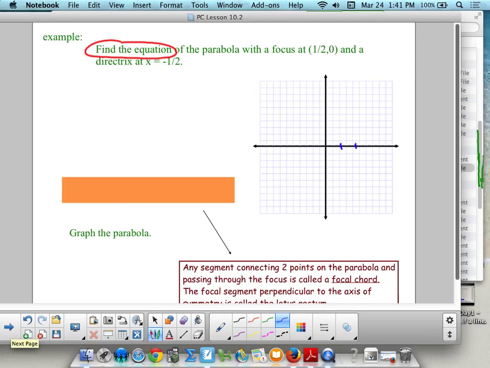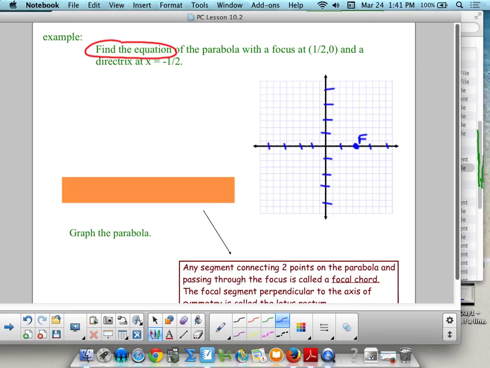I did this. Every box stands for 1/4 unit. So when you see a box, think 1/4. So where would a focus of 1/2 comma 0 be? 2 to the right. Yep, you're right, Corey. And that would be here. There's F. There's your focus. And a directrix of x equals -1/2 would be what kind of line?